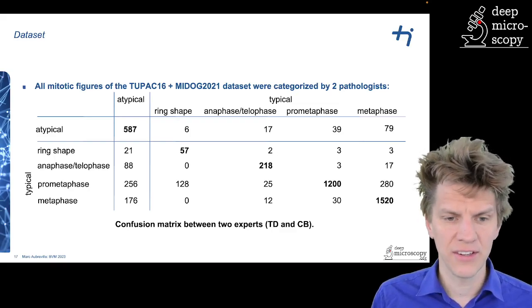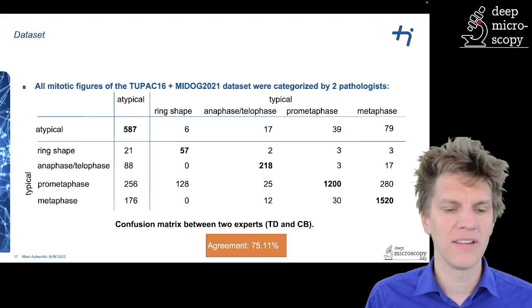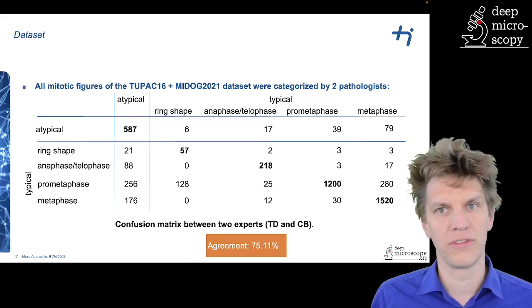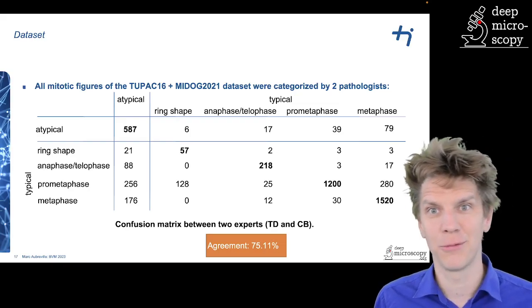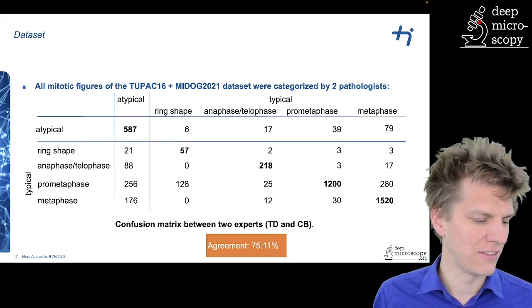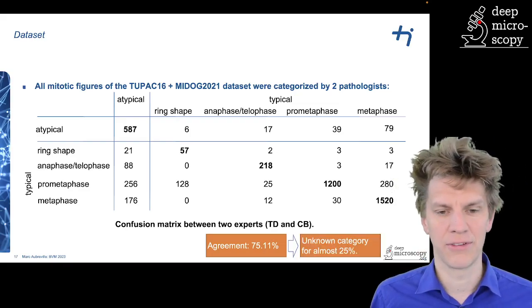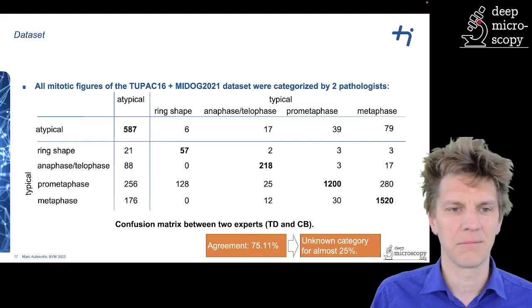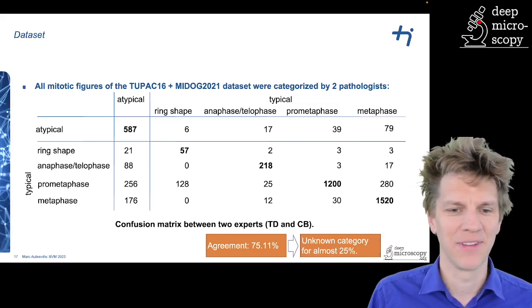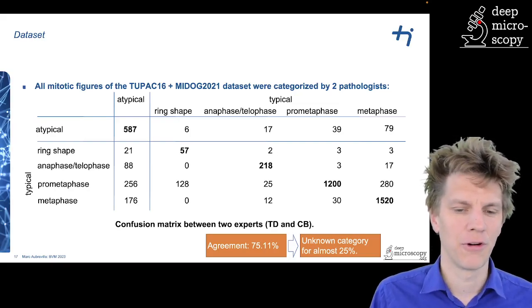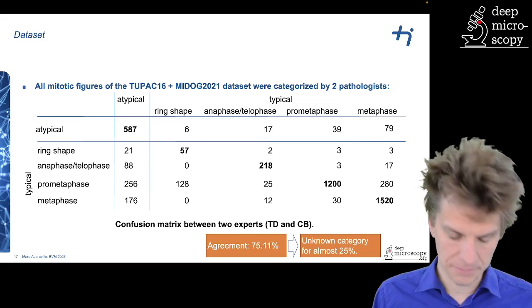And what we can see here is that the agreement isn't great. It's like 75% agreement. I mean, it's still not nothing, but if you want to use this for a classification task, 75% isn't really great as a baseline to start with. So that means that we have like an unknown phase or typicality for almost 25% of the cells.